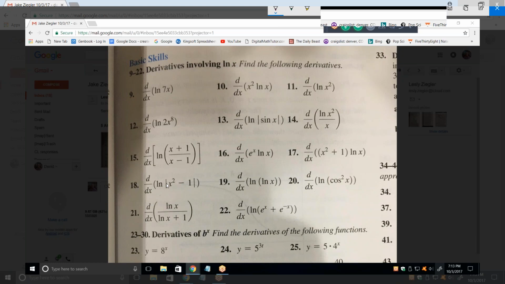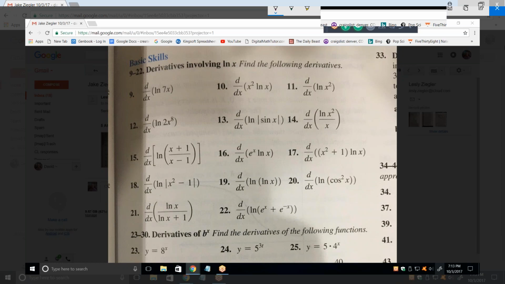Assume they're parentheses, basically. Which one on here looks difficult to you? Which one are you not sure you know how to do? 14. Okay. What rule are we going to use? Quotient rule. Okay.